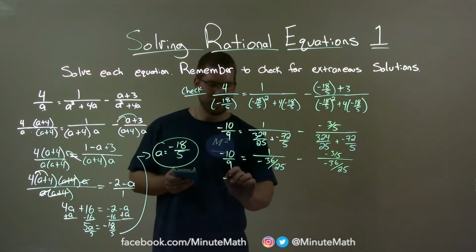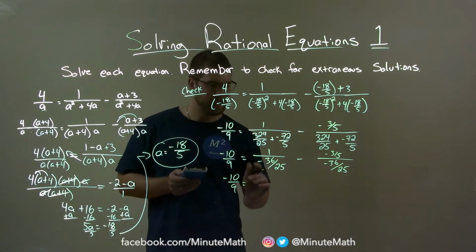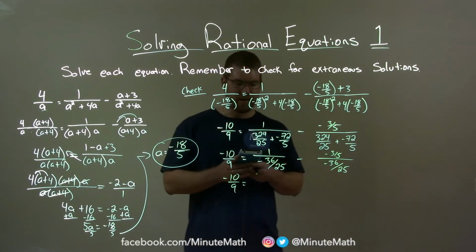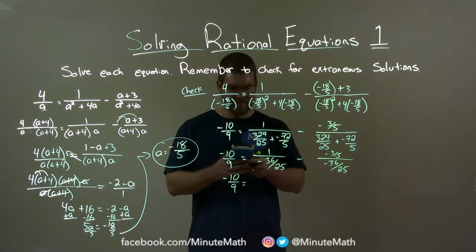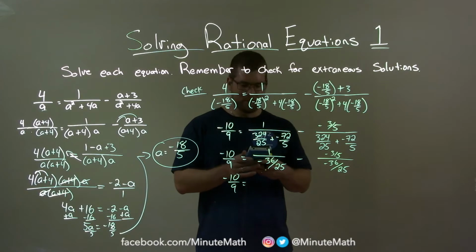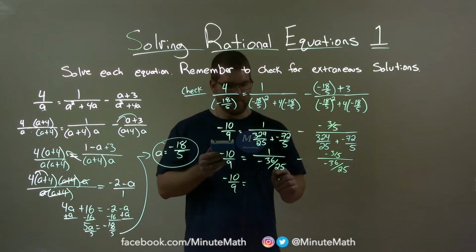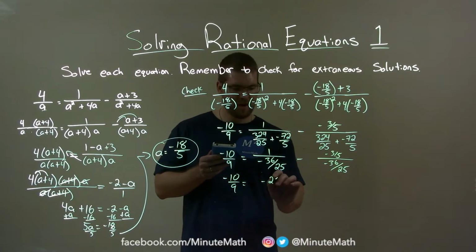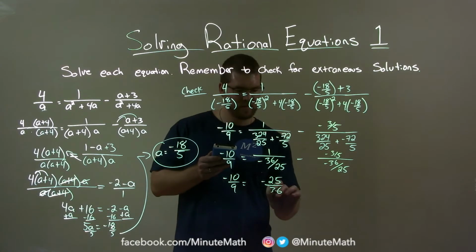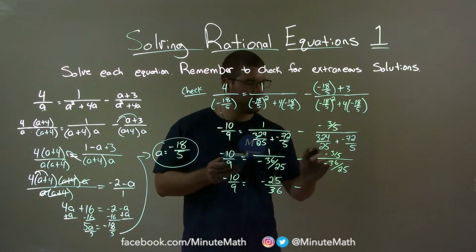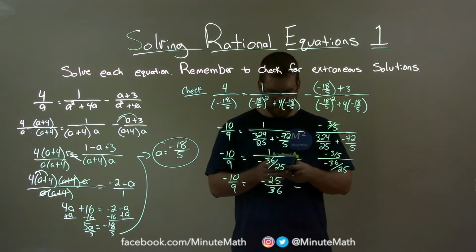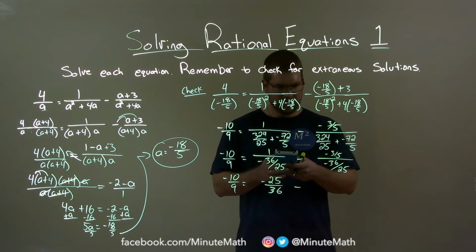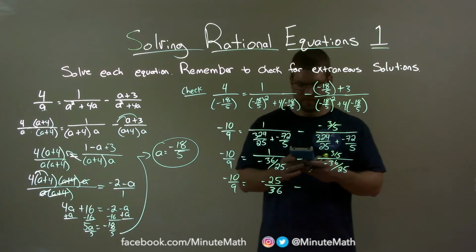Keep going, negative 10 over 9 equals 1 divided by, now you probably know this answer already, 36 divided by 25 as a fraction. It's going to be flipped around here, but we have negative 25 over 36. Let's be minus here. Let's do it all together. Negative 3/5 divided by negative 36 divided by 25. Typed it in right. Yep.